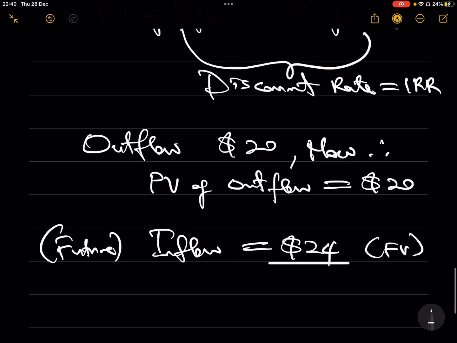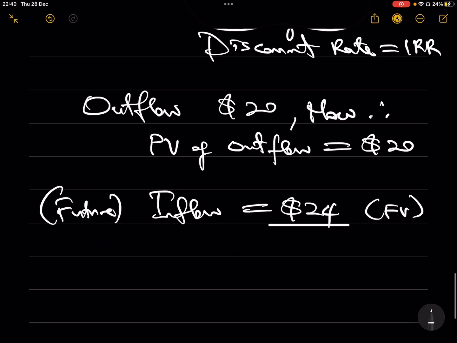Now, our IRR definition says that it's a discounting rate that makes the present value of inflow to be equal to the present value of outflow. Now we already know the present value of outflow. So which means we now need to find a rate that will discount our future value into an amount that must be equals to 20.